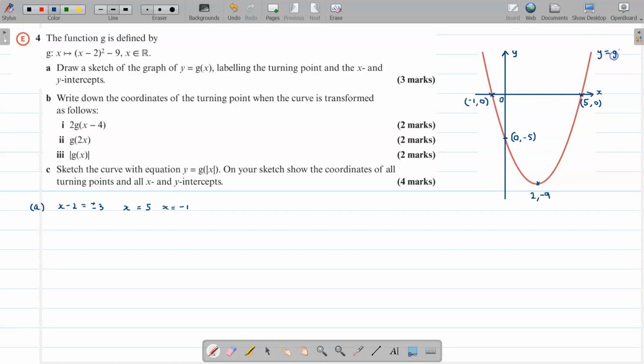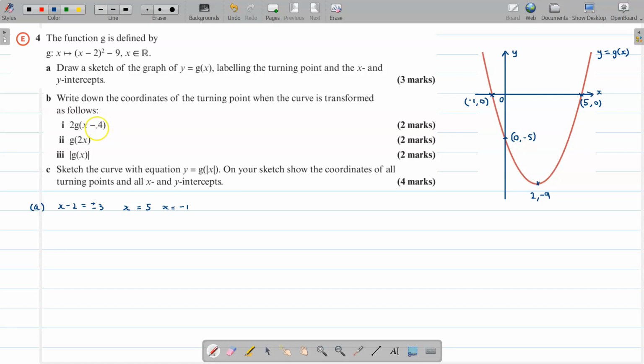We go on now to question B. In question B, we've got to write down the coordinates of the turning point where the curve is transformed as follows. The first one is we're going to stretch it by a factor of 2 vertically, and we're going to move it right 4 units.